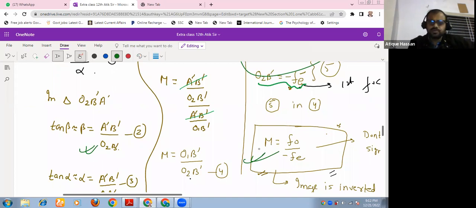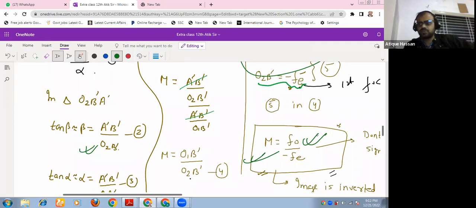If you remember what I have told you, when in the final formula of magnifying power the image is at the least distance of distinct vision, there must be capital D in the expression. Here there is no capital D in the expression, so you can automatically have an idea that minus F naught by Fe is the formula for magnification at infinity. There is no capital D in the expression.